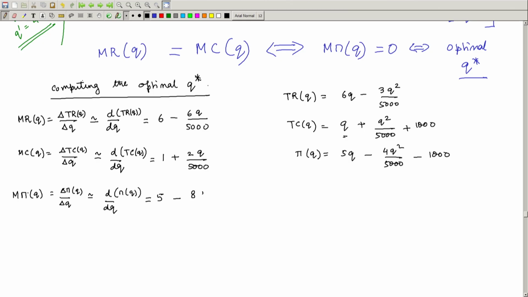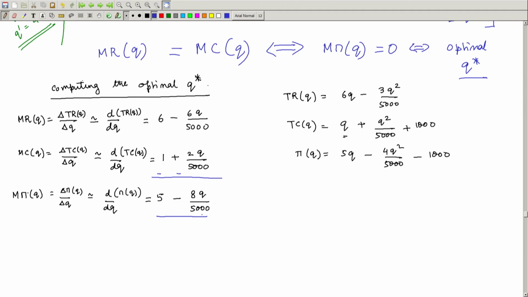So that is going to give me 8q divided by 5000, and the minus 1000 is not going to contribute at all, because the derivative of a constant with respect to q is 0. Now I would have gotten the same answer even if I had subtracted the marginal cost from the marginal revenue. Notice, if I had subtracted, 6 minus 1 would have given me a 5. I would have had a minus 6 by 5000 q and minus 2 by 5000 q, which gives me a minus 8q by 5000.